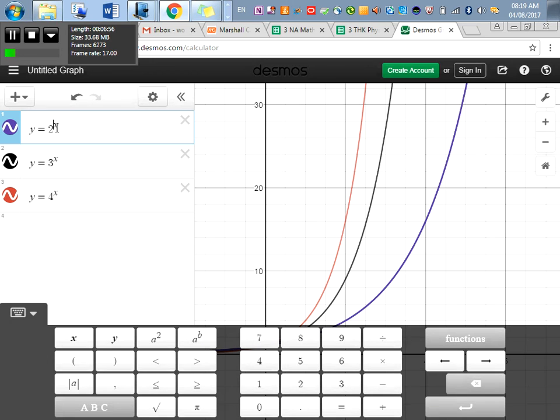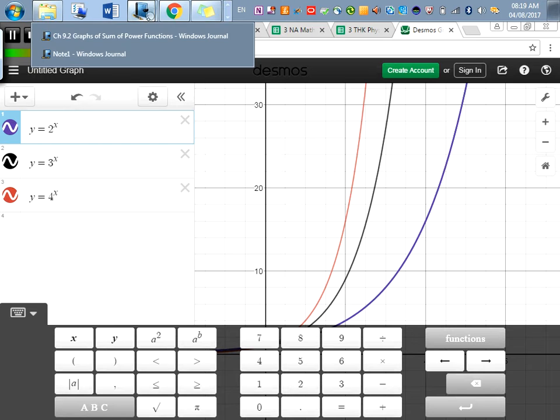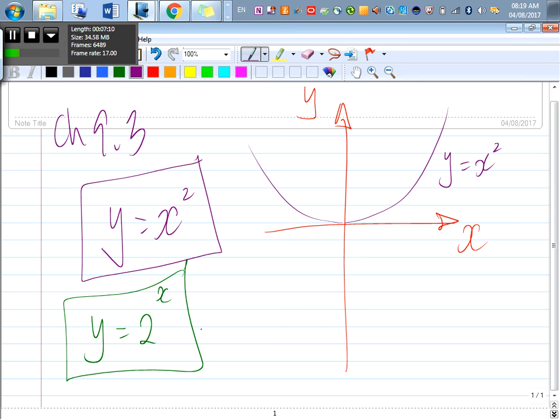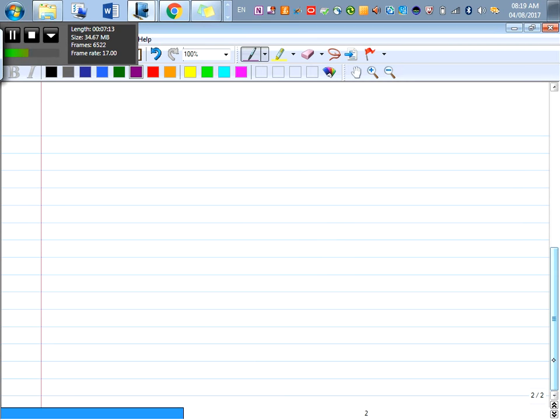Then, let's see what else is required. You can now look at page 134 of your textbook. At the bottom of page 134, you have this equation, y equals to k a to the power of x, where so many letters, right?